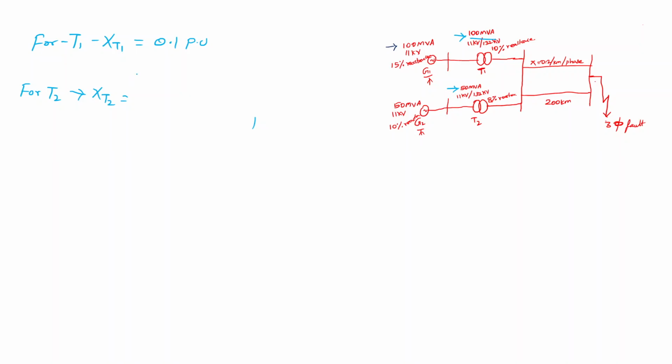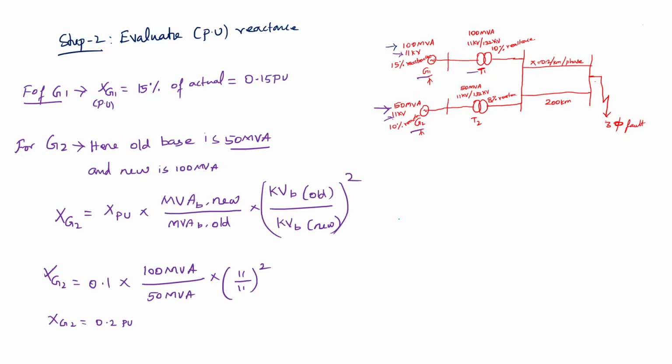So tell me the value. 8% is 0.08, as per the formula, into new value 100, old value 50, and into 11 the whole square. So what is the value for this? This formula is understandable, right? I just applied this formula.